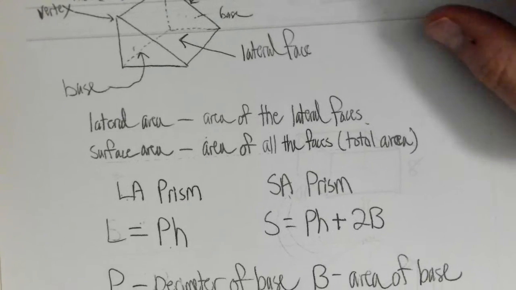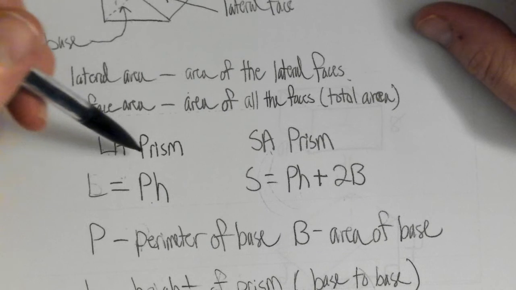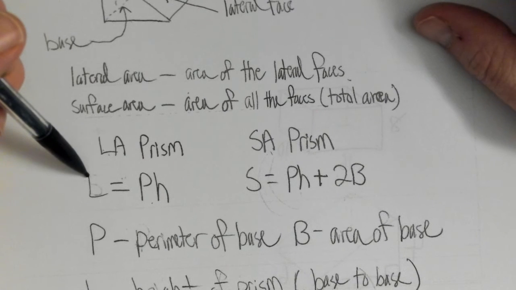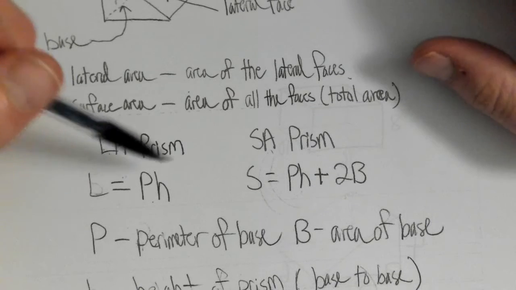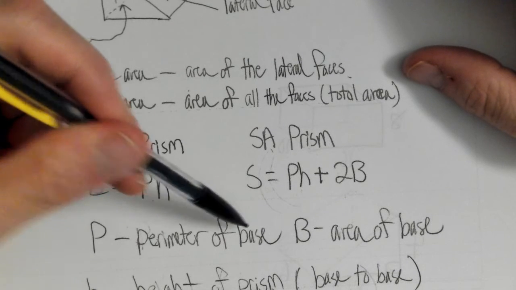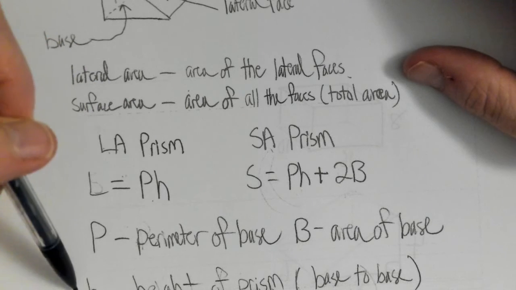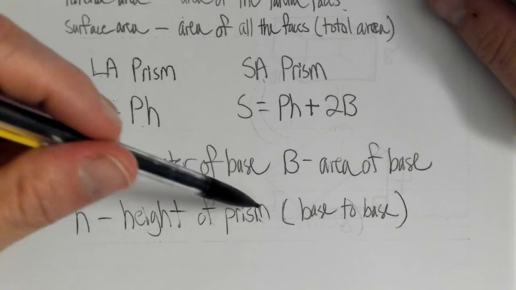Now here are my two formulas. First of all, we have the lateral area formula, and that's L equals capital P times H, where P stands for the perimeter of the base, and H stands for the height of the prism.